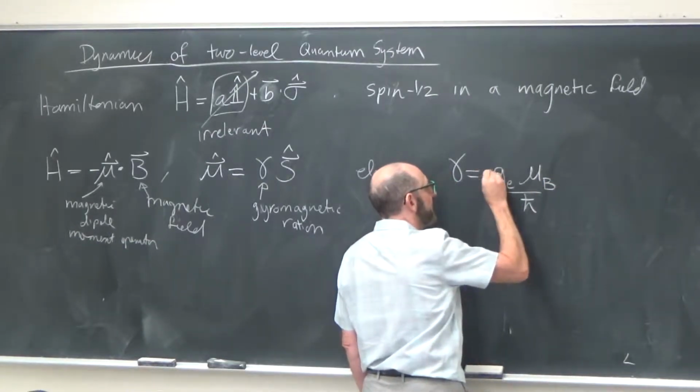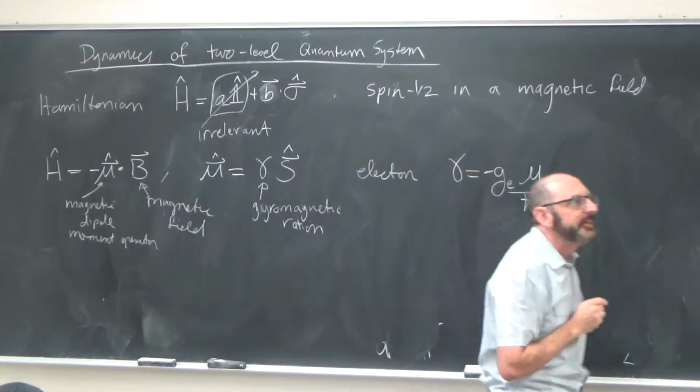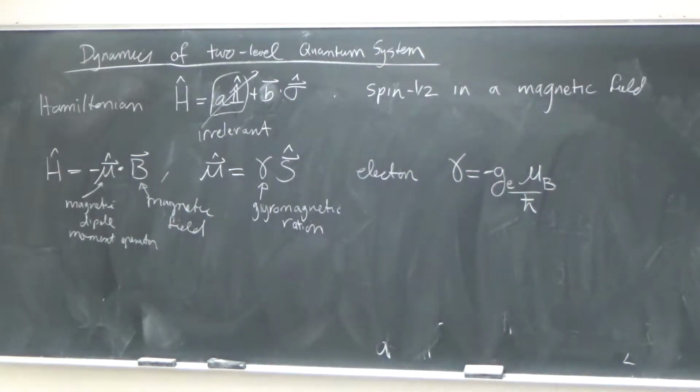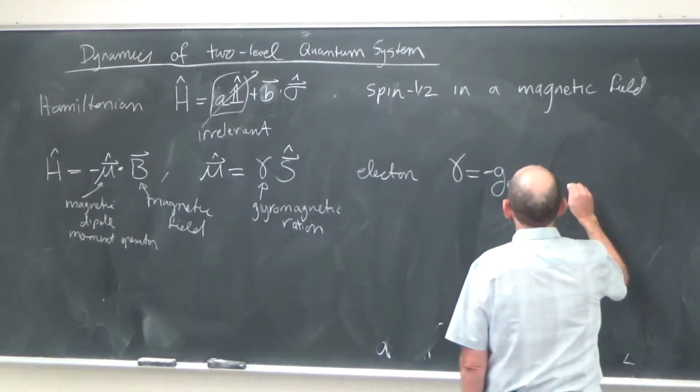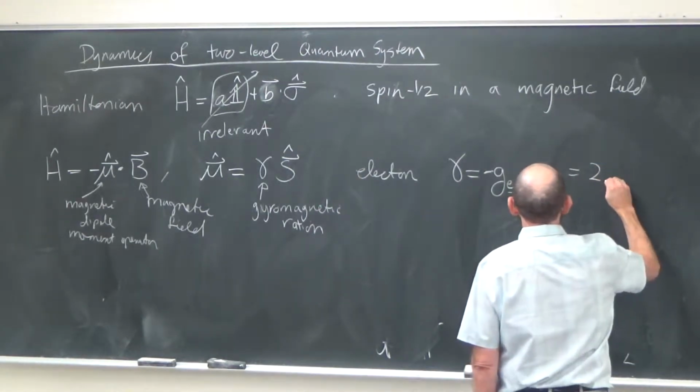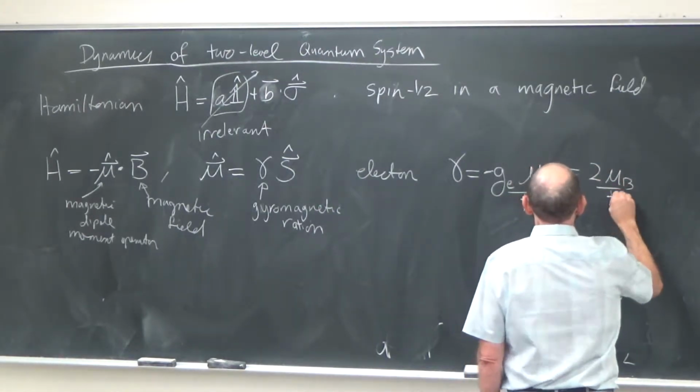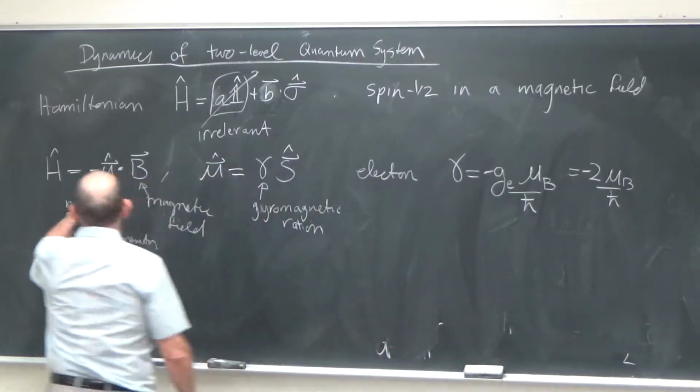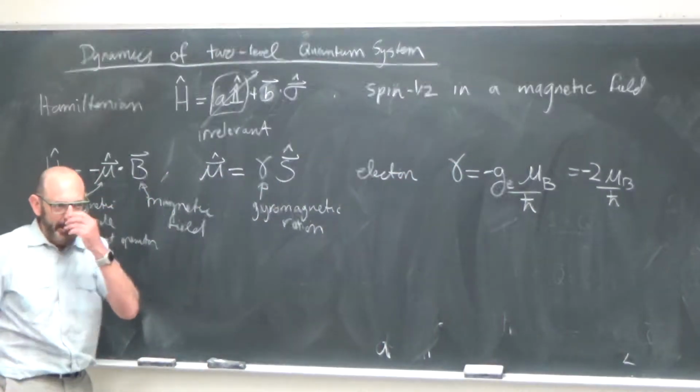And of course, it's negative because the electric charge is negative. And this negative sign is one of the banes of our existence of working with these things, because you got a minus here, and then you got other minus signs.